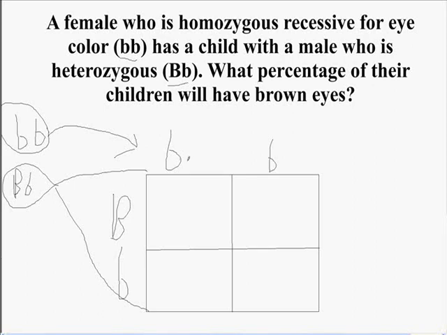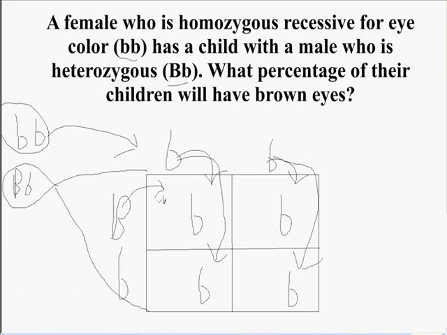Then to find the alleles of the possible children, I'm going to move each allele down into the squares beneath it, and then for the side alleles we're going to move the cross into each square in the row. So this square shows the 4 possible genotypes of the children from this cross.